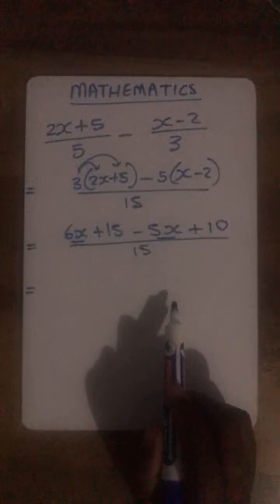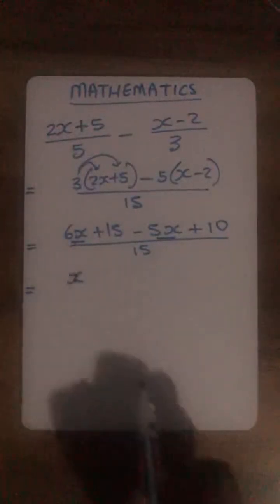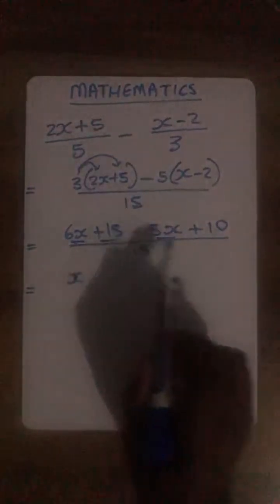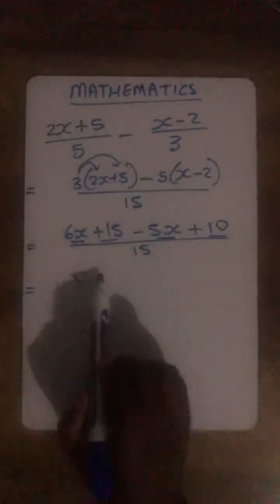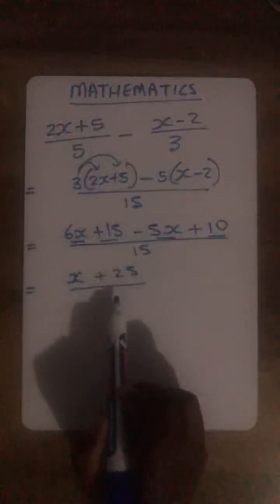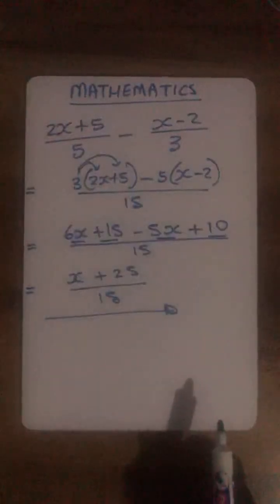So it's like 6x minus 5x. That is a 1x. What about 15 plus 10? That is 25 over that 15. So this is the final answer, honorable member.